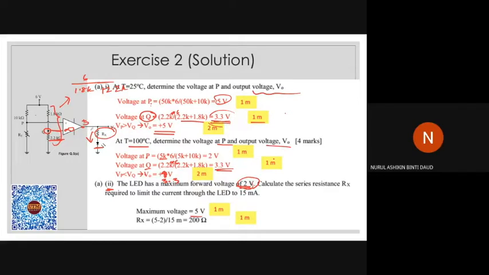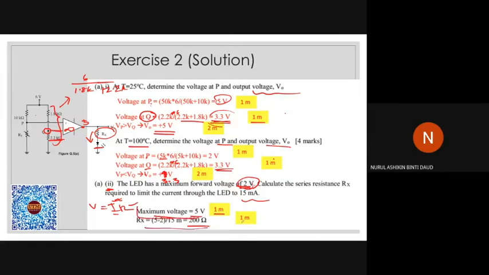So 5 volts minus the value of this LED, which is 2 volts. Since you want to find R, you divide by I. You know the value of I, which is 15 milliamps. So 5 minus 2, divided by 15 milli, you will get the answer 200 ohm. Once you write this one, you will get 1 mark.